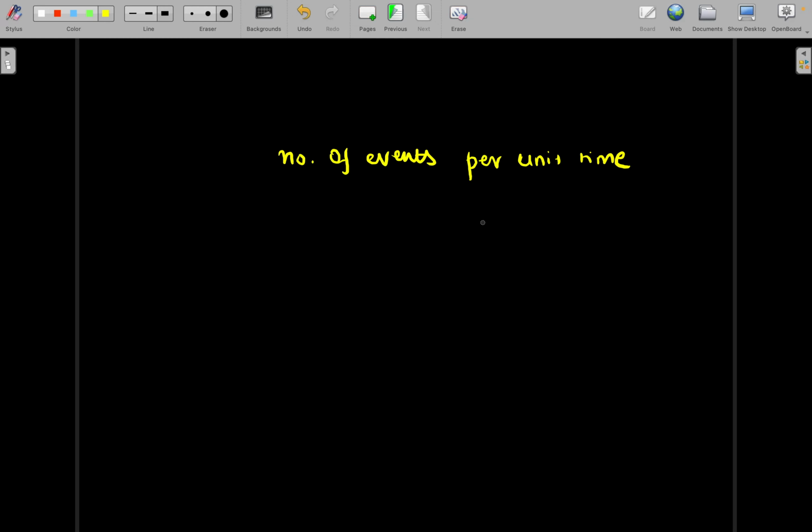A Poisson process is when events happen at a constant rate lambda, the events are independent, and no two simultaneous events occur. This is your ideal Poisson process.